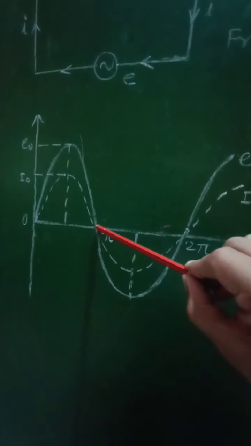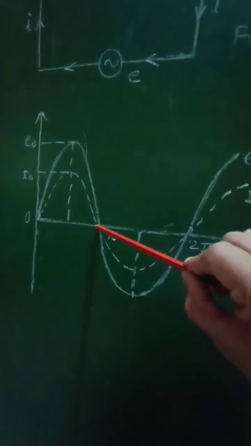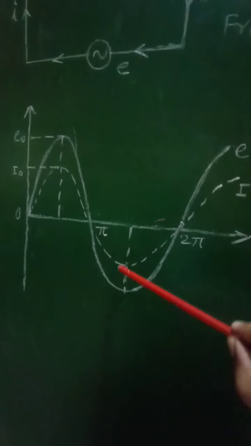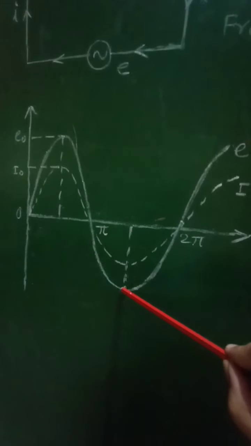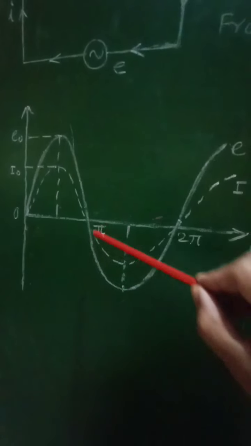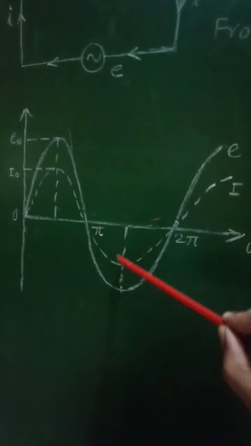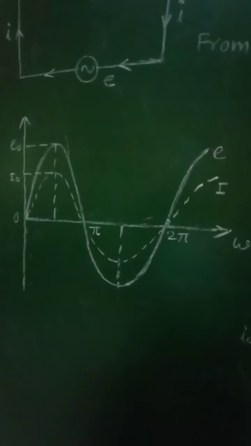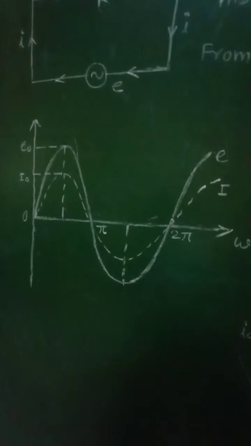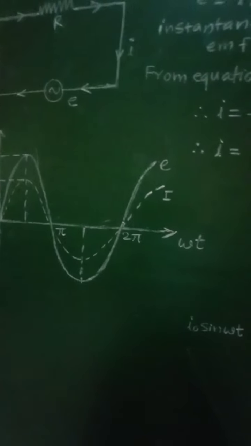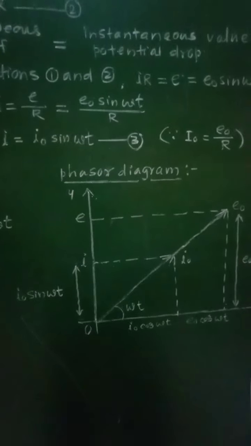Again both become 0. Similarly, when the EMF reaches its minimum value on the negative side, the current will also become minimum at the same time, so this variation goes on simultaneously for EMF as well as current. Now let us see the phasor diagram.